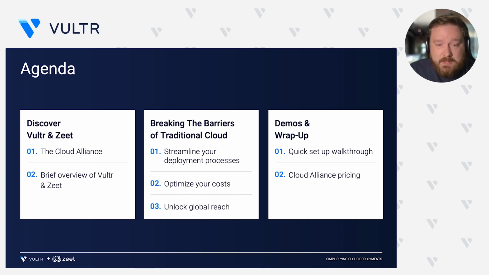And then we will talk a little bit in depth about streamlining your processes, optimizing deployments and costs, and also touching on the global footprint we have. We'll wrap up and we will look at a really quick demo recorded by Jack from the Zeet team, just to show you the overall user experience. And then we'll give you a little insight onto what all this actually costs.